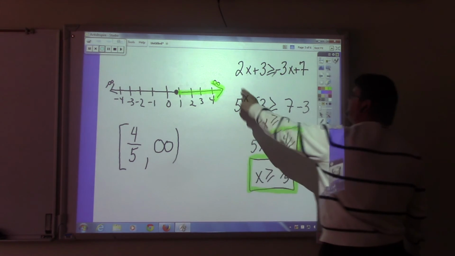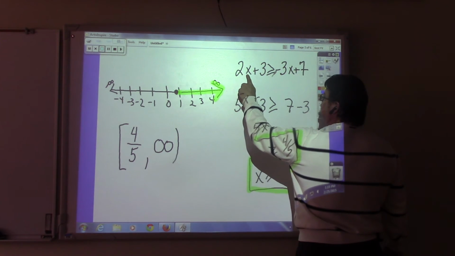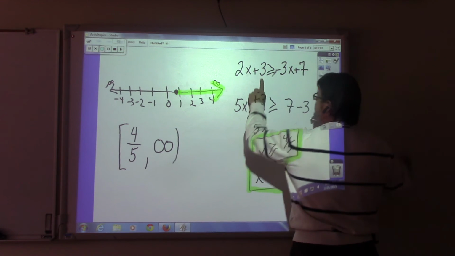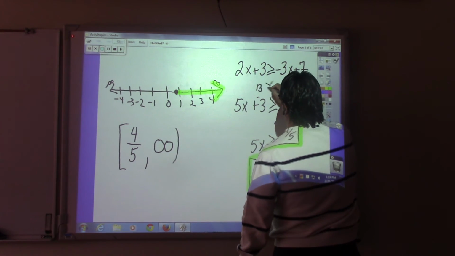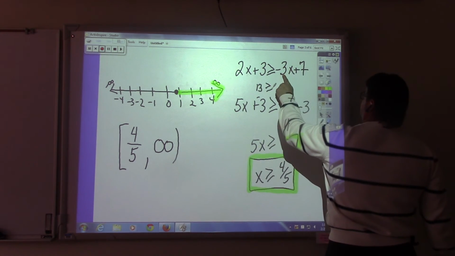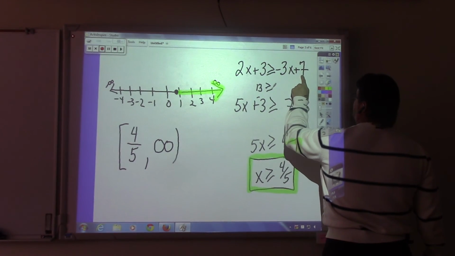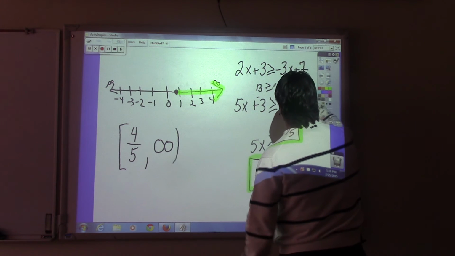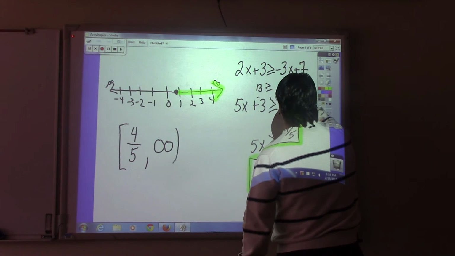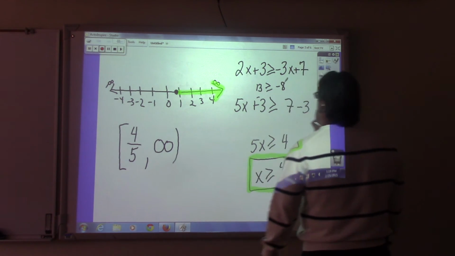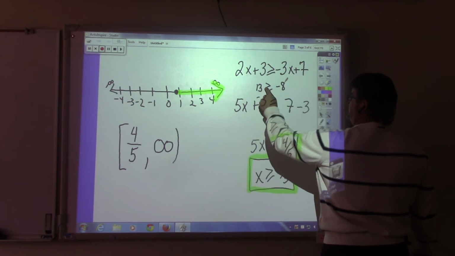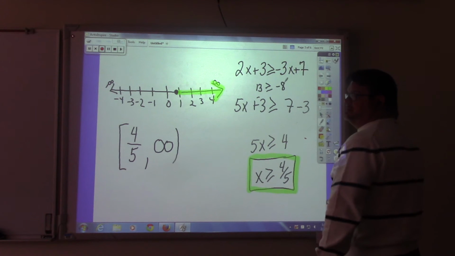So let's pick 5. What's 2 times 5? 10 plus 3? 13. What's negative 3 times 5? Negative 15 plus 7 is negative 8. Is 13 greater than or equal to negative 8?